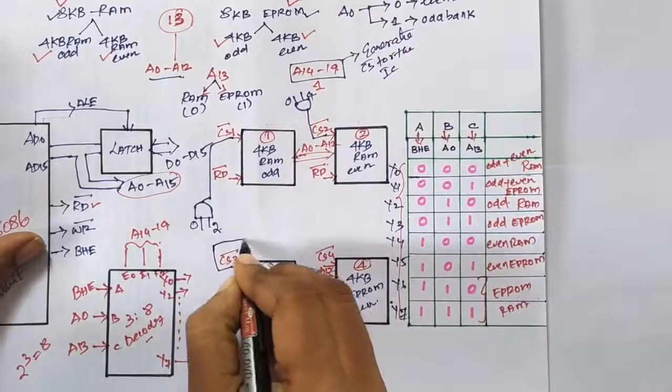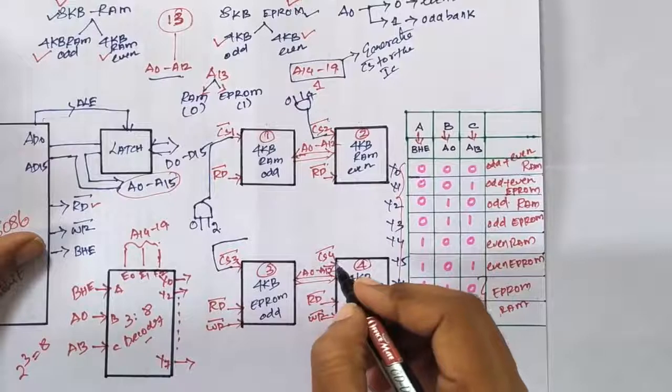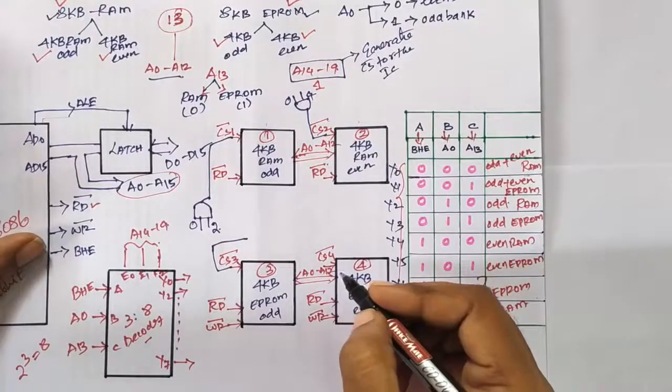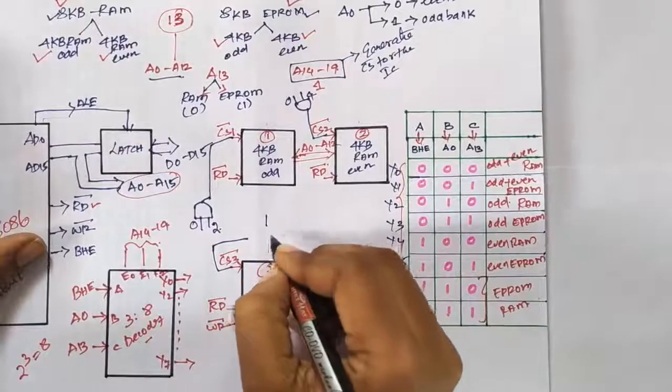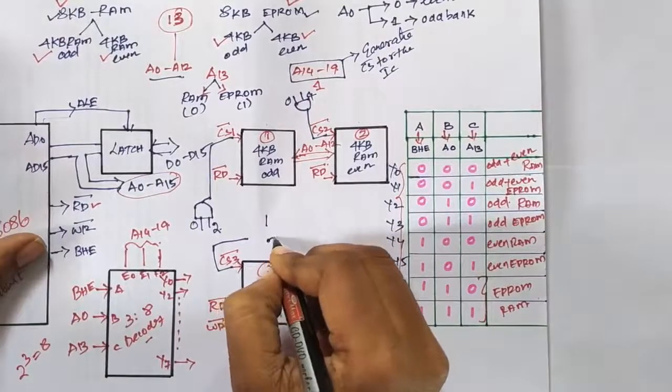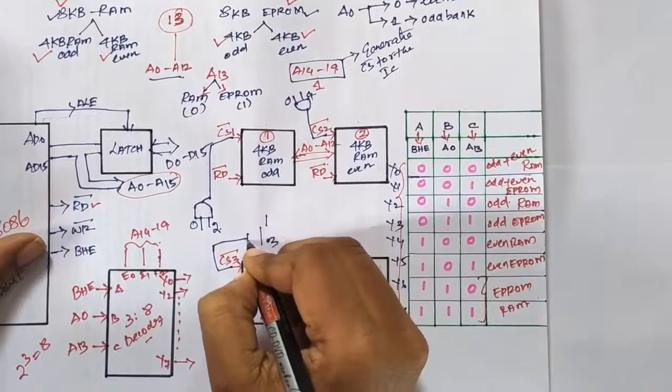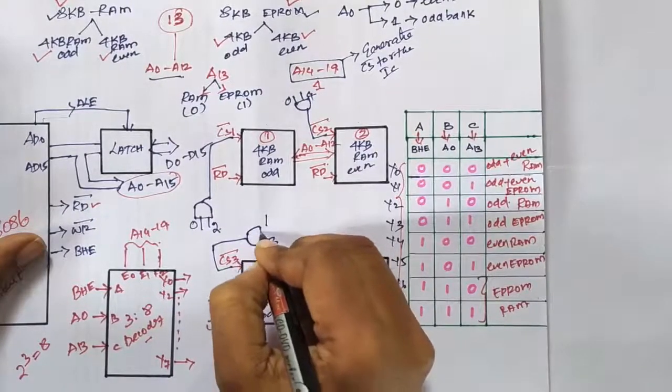Similarly, to activate the EEPROM memory 4 kilobyte odd bank, we need outputs 1 and 3 from the corresponding decoder logic. Here also we put an AND gate.